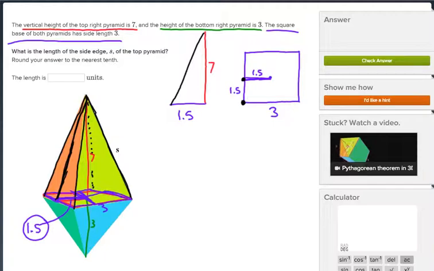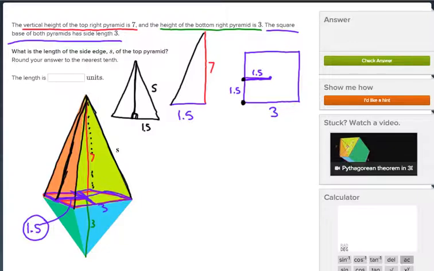And the reason why I'm choosing that is because if I take this side triangle here, and draw a line straight down, I'm creating a right angle here. Okay? And by creating that right angle, and knowing that I've got a base of 1.5, I can then find out what S is. Okay? So I'm going to use both of those together.